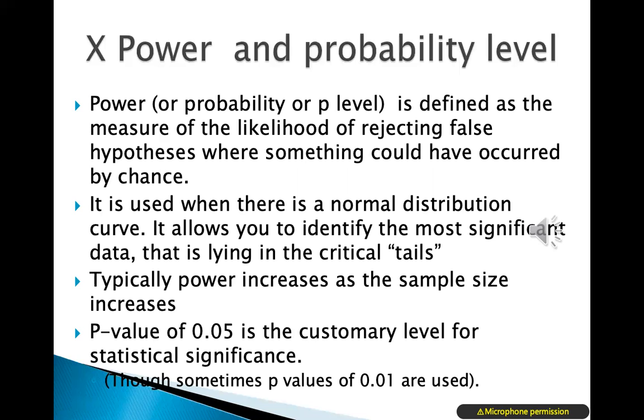hypothesis be made. Now, one of the ways that we can increase what we're going to call the power level, or the chance of rejecting a false claim, is by having an adequate sample size. So our third bullet point there says that typically the power level increases as the sample size increases.